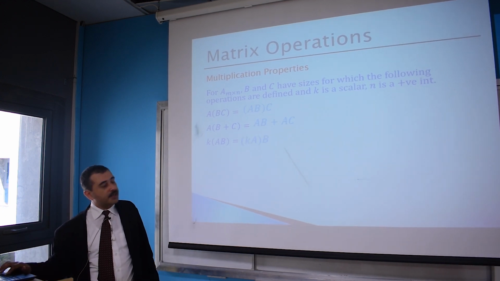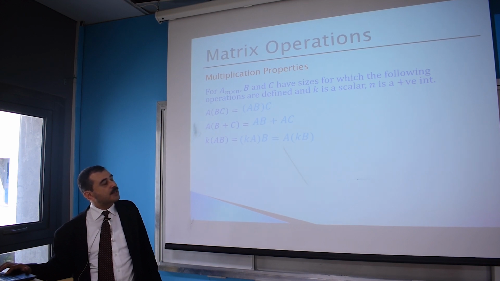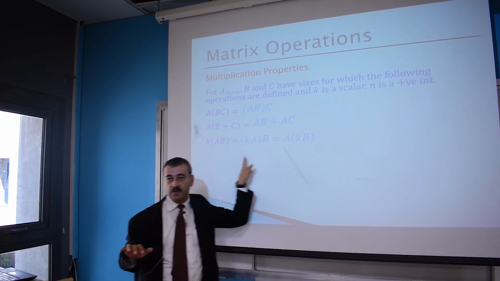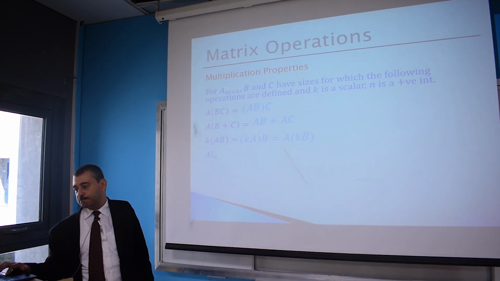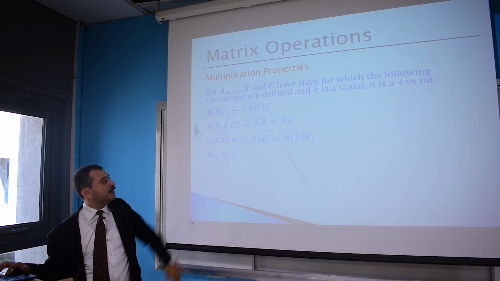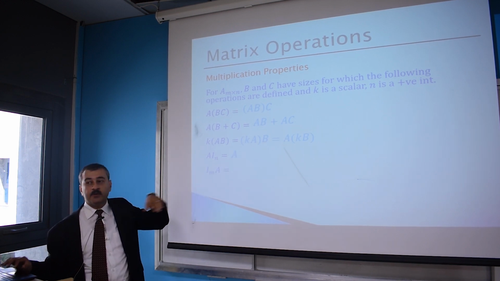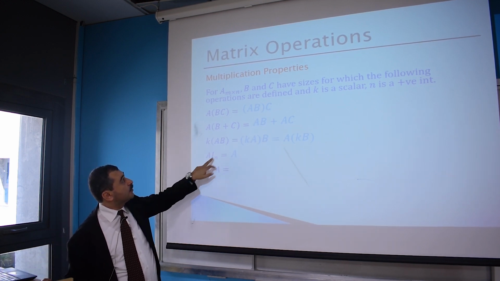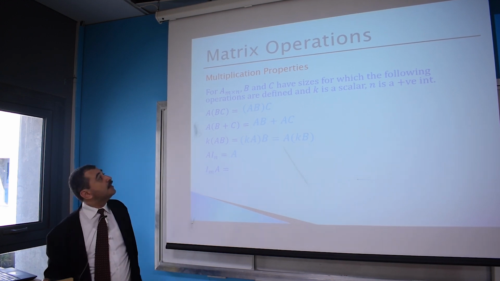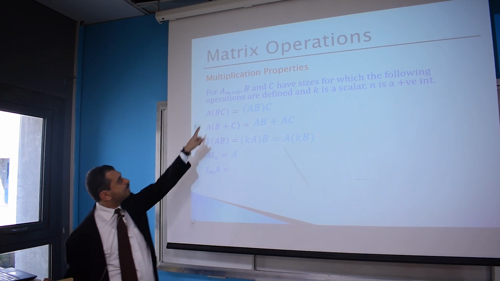So you can do KA times B or A times KB. This is only for scalars. Okay? Move the scalar as you like. And this is for the identity: A times I equals A and I times A equals A. And here I wrote the dimensions for the multiplication to be valid, as A is m by n.